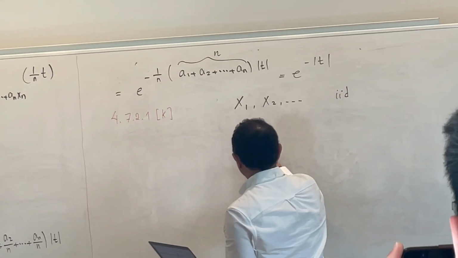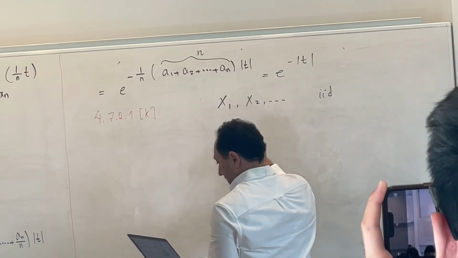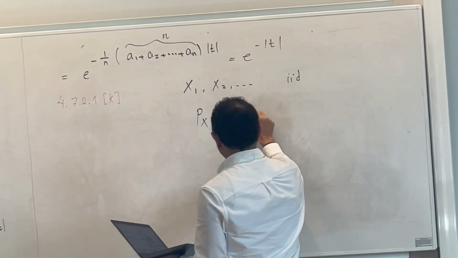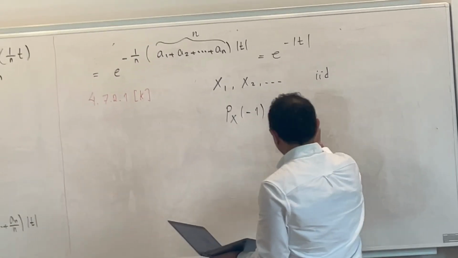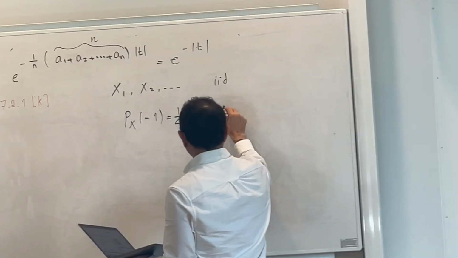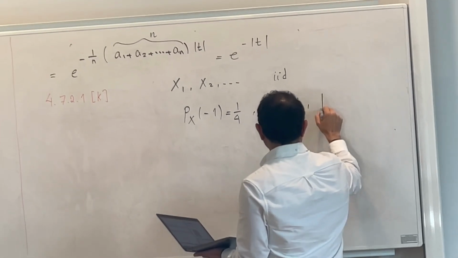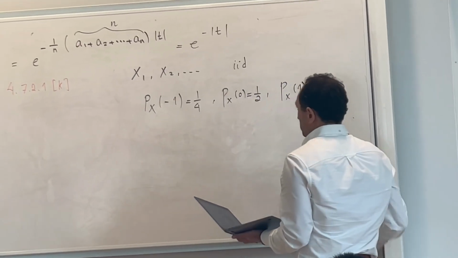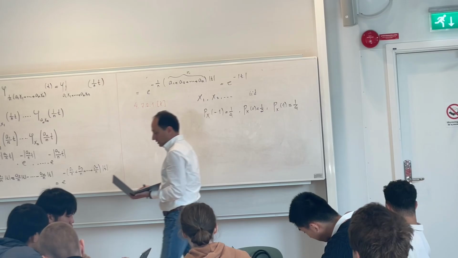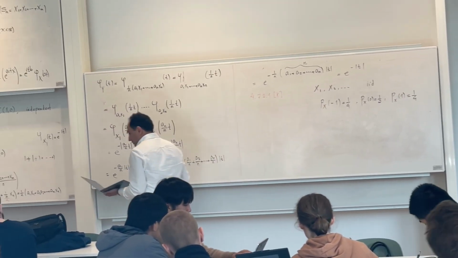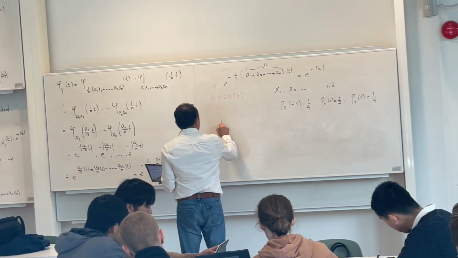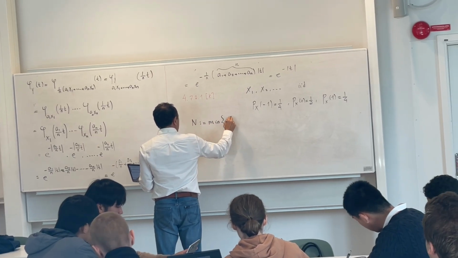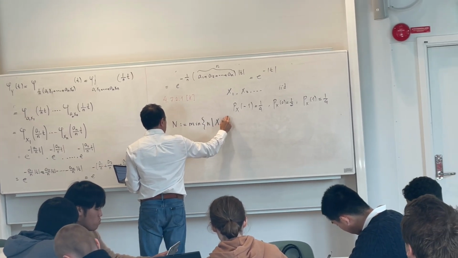So P of any x from this list can take value -1 with probability 1/4, 0 with probability 1/2, and 1 with probability 1/4 again, but 0 otherwise. Okay? And then they have defined a new random variable, n, defined to be the minimum of these little n's for which xn takes value 0.